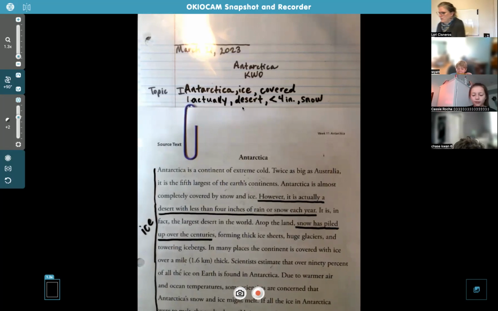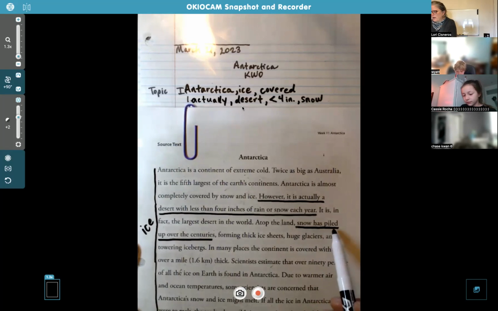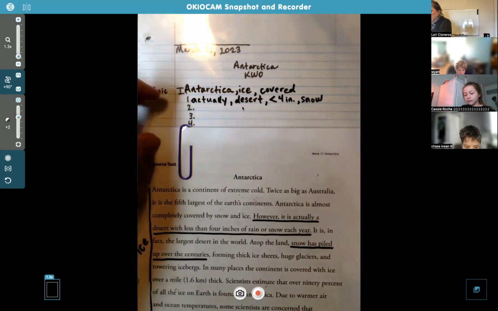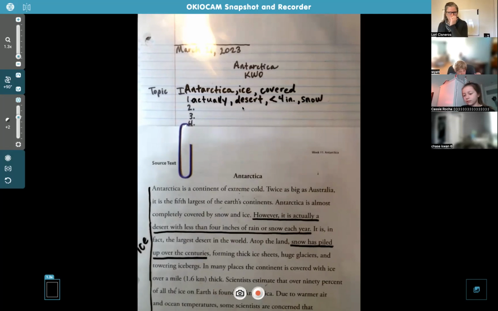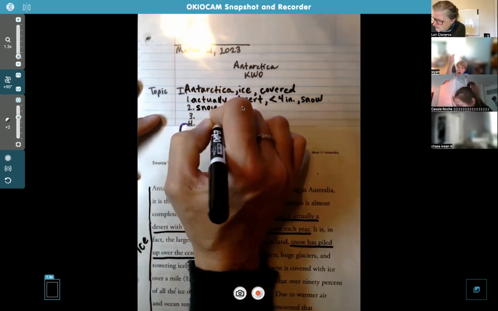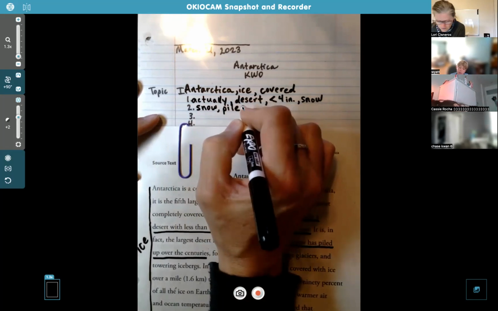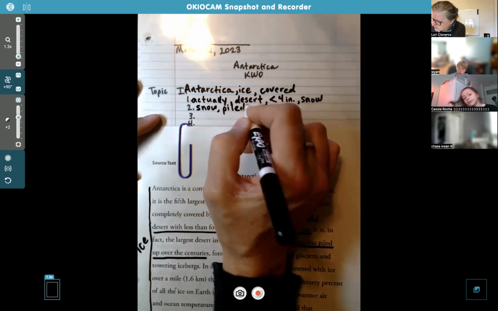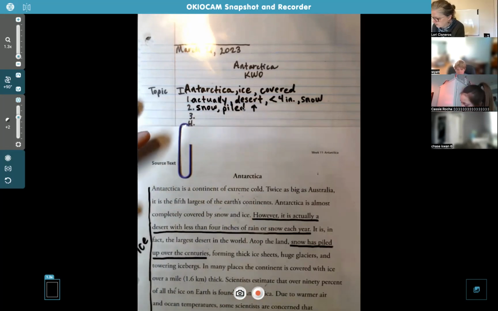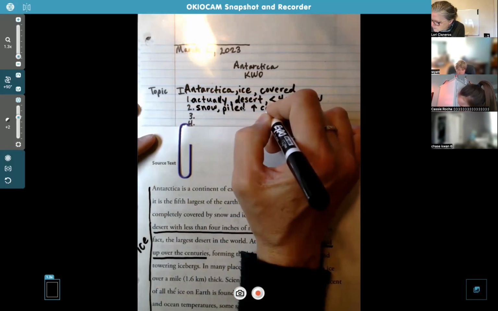So Wyatt, how can we put that into 3 keywords? This fact right here, snow has piled up over the centuries. How can we write that in our keyword outline? We could do snow piled and then do like an arrow up, and then we put centuries.